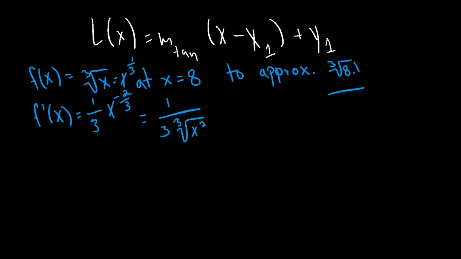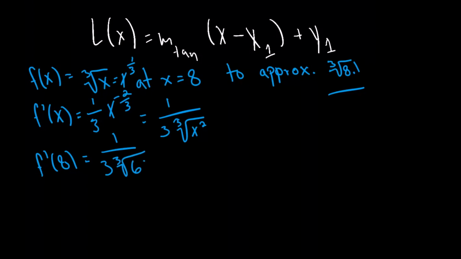Now we're going to plug in an approximated value, which is going to be this value, because we can attempt to plug in 8.1, but we won't know what it actually is. So f prime of 8 is going to be 1 over 3 times the cube root of 8 squared.